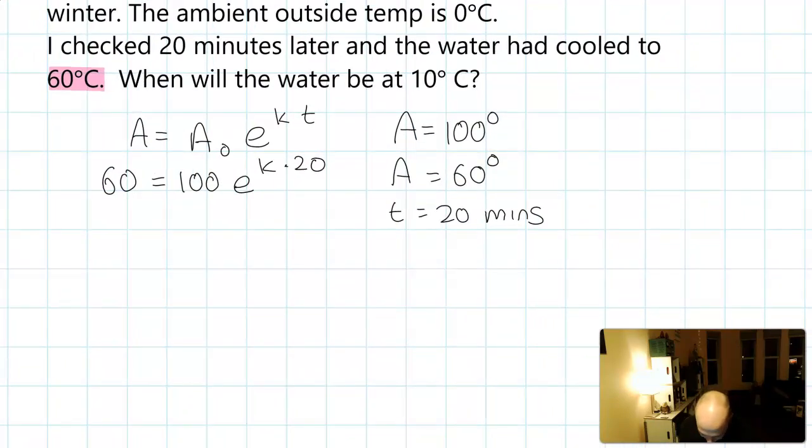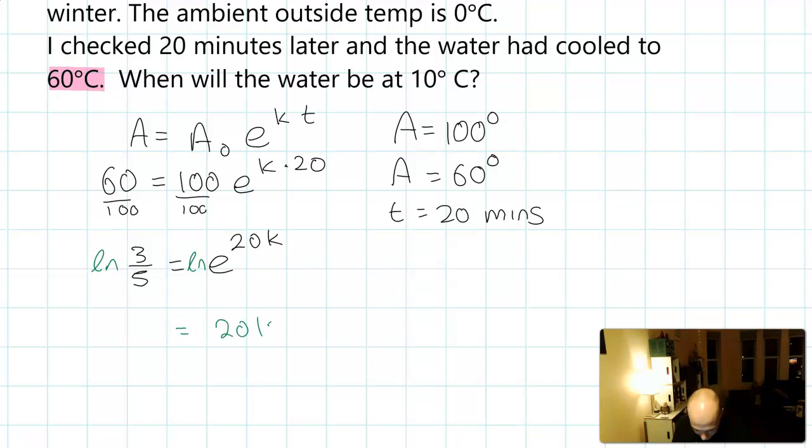So we can divide by 100 and simplify that fraction, so 6/10, that's 3 over 5, is equal to e to the 20k. Like before, the easiest move is to take the natural log of both sides. Natural log of e just reduces with itself, so you get 20k, and that's equal to natural log of 3/5.